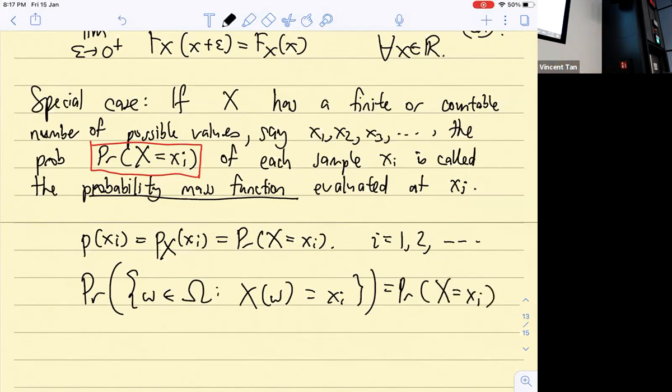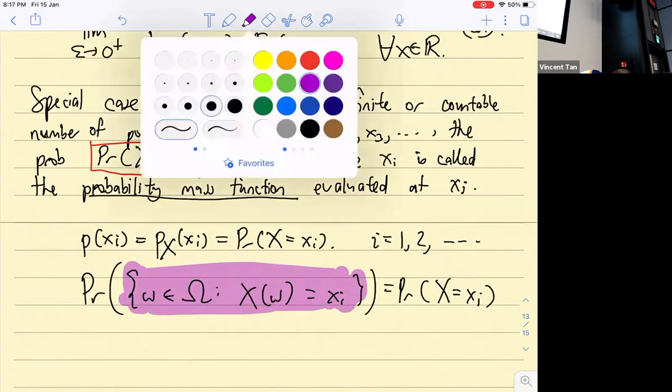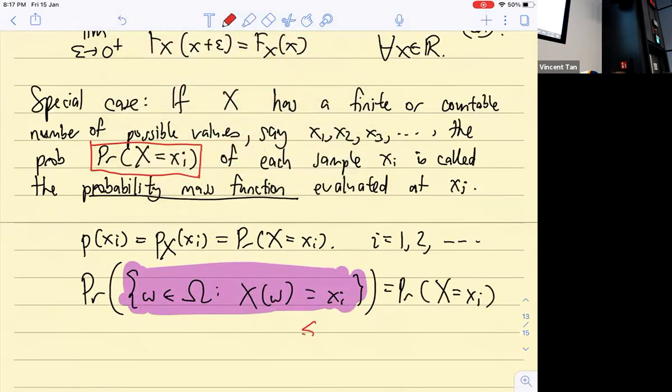Well, what's wrong with this? You have to be sensitive to this. Who says that this set here is an event? No one said so, because we only know that if this inequality is less than or equal, this is an event. For every little x, if capital X is a random variable, then if I have less than or equal, it is an event.